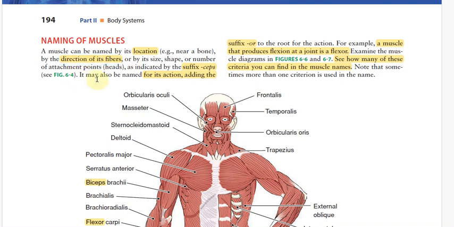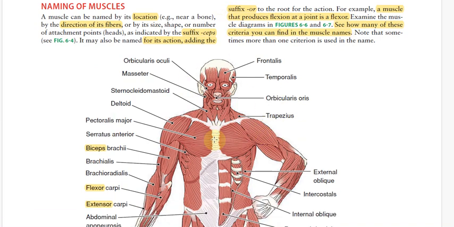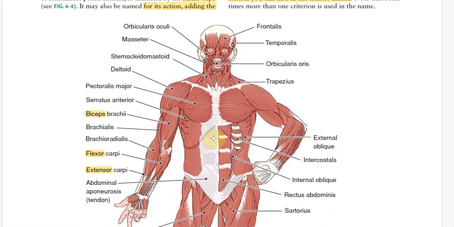It may also be named for its action, adding the suffix or to the root of the action. For example, a muscle that produces flexion at a joint is a flexor. Okay, work on this picture here, and get to know the different technical terms.